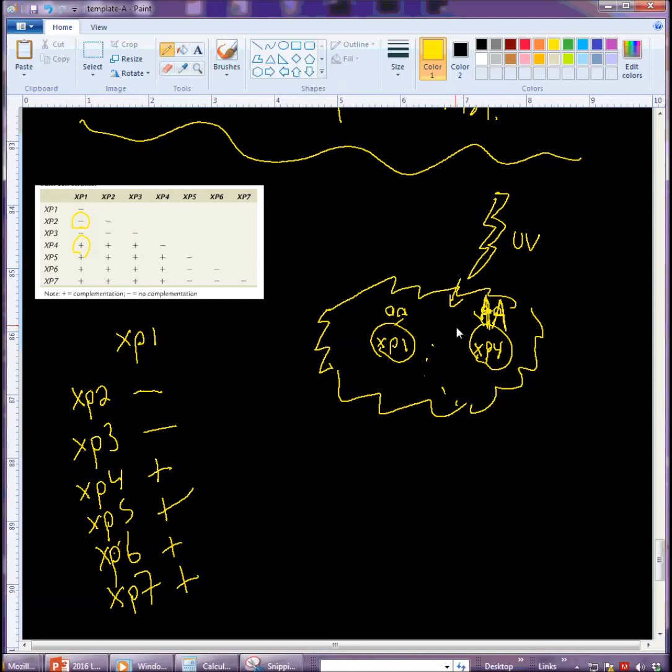And let's say XP4 is missing, let's say, C. Okay, he has, or she has, 2 mutant C alleles for a third gene required for nucleotide excision repair. And XP1 most likely has 2 functional copies for this third gene. So 2 wild-type C alleles. So XP1 is making plenty of the C protein that is being shared by the whole heterokaryotic cell, and XP4 is making plenty of the A protein.